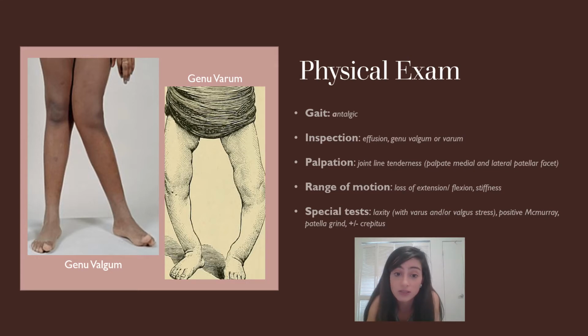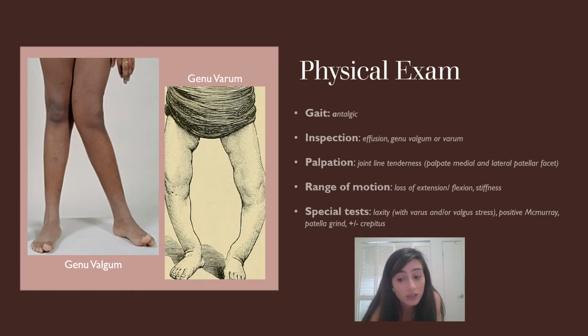Also, do you see a varus or valgus deformity? As you can see on the left-hand side, there's a picture of a valgus deformity, or as some people call it, knock knee. It's a deformity where the knees turn inwards. A lot of different things can cause varus or valgus deformities, but most commonly we'll see it with lateral compartment arthritis.